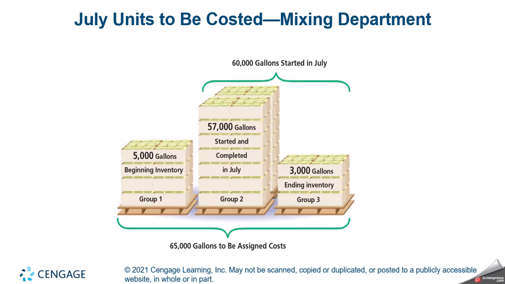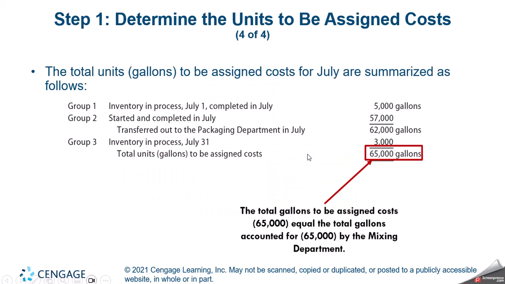And again, they're at different stages, so it's trying to show you how far in the completion they are. So 5,000 that was in the beginning, and then 57,000 was started and completed. So then we have 62,000 gallons that were transferred out, and then there's 3,000 left.